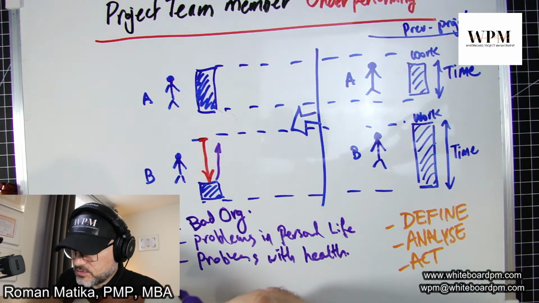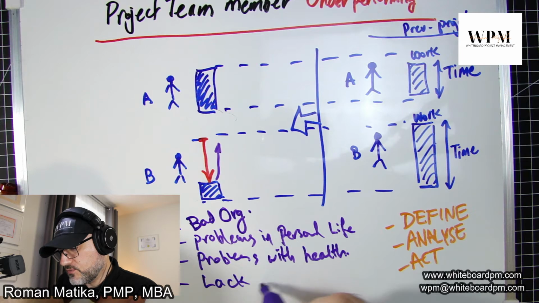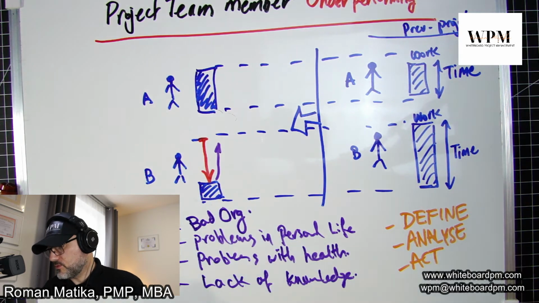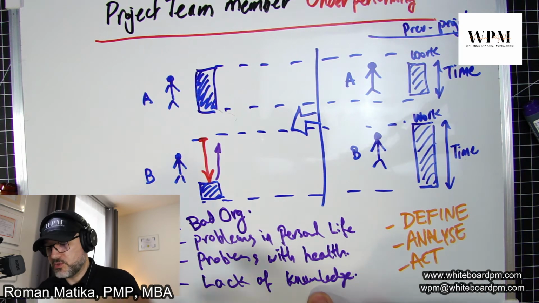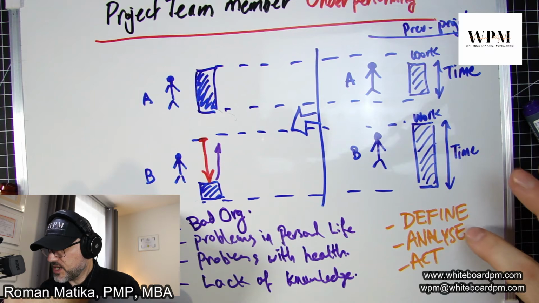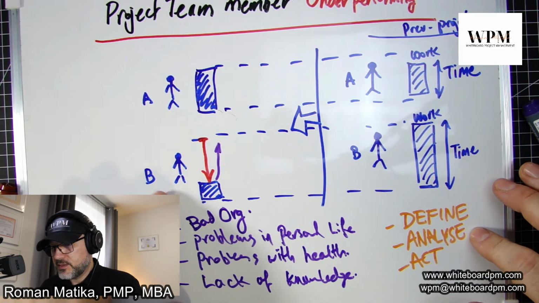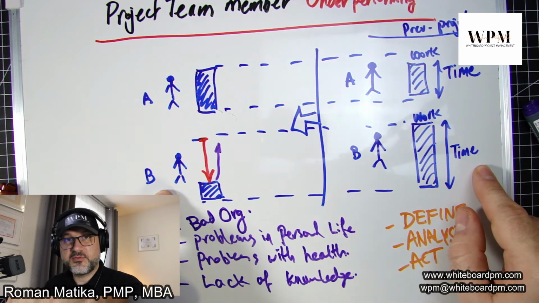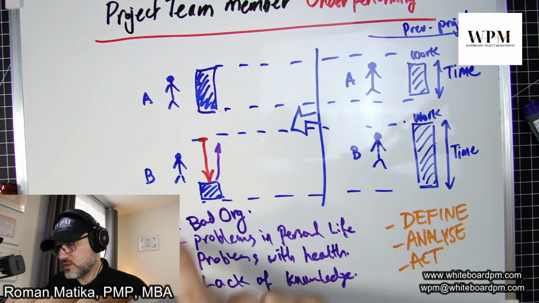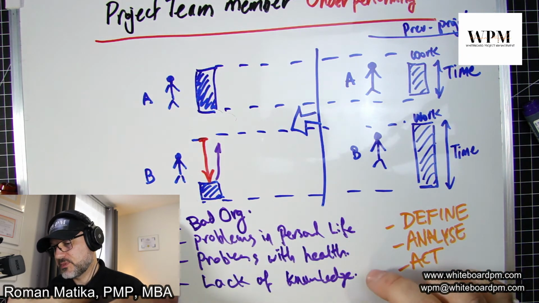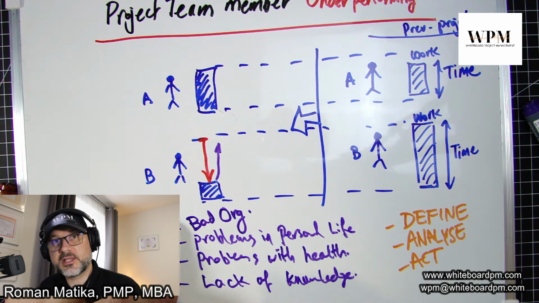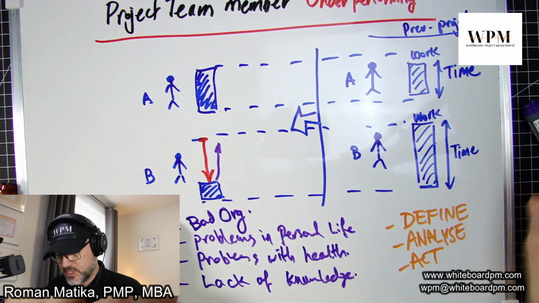And it could be some lack of knowledge. So those could be the reasons which I am analyzing, comparing to his own performance, and in which category it occurs. Definitely there could be some other categories, but those are the main.